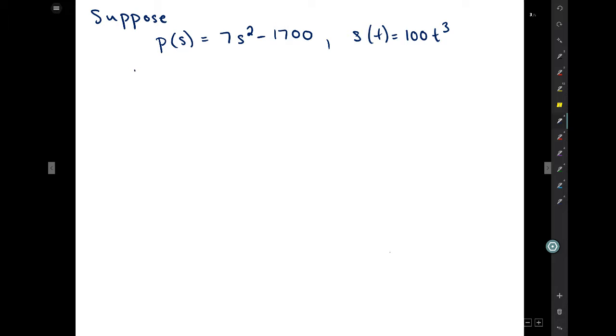So then what we have is that dp ds is 14s when you take the derivative of 7s squared minus 1700, and ds dt is 300 t squared when you take the derivative of s of t.